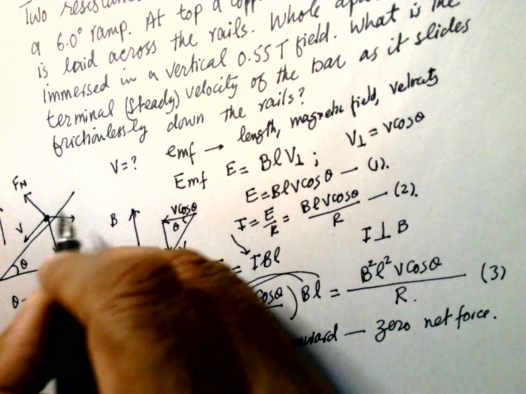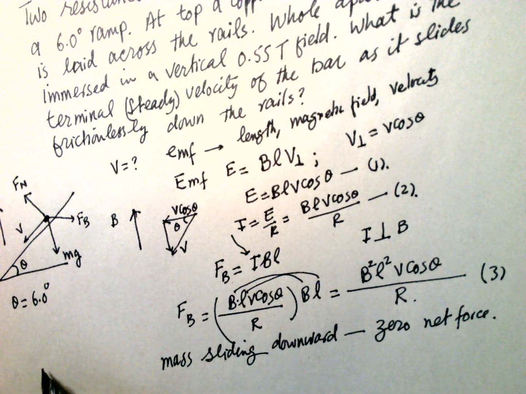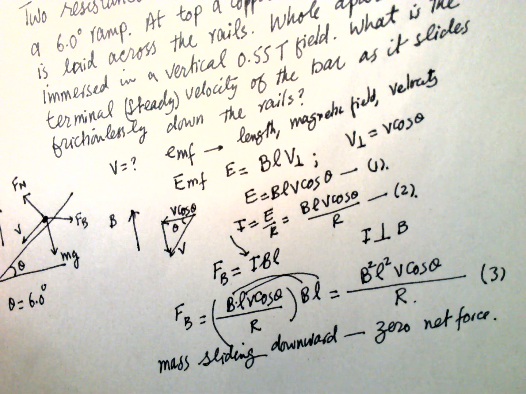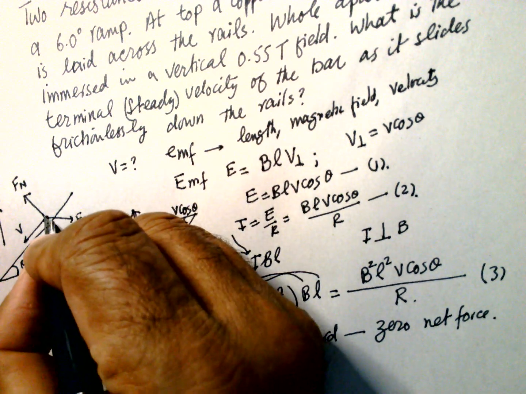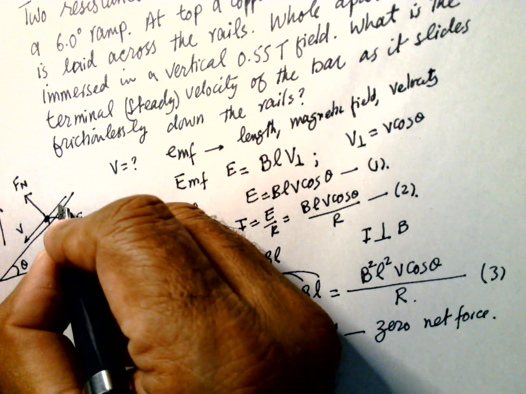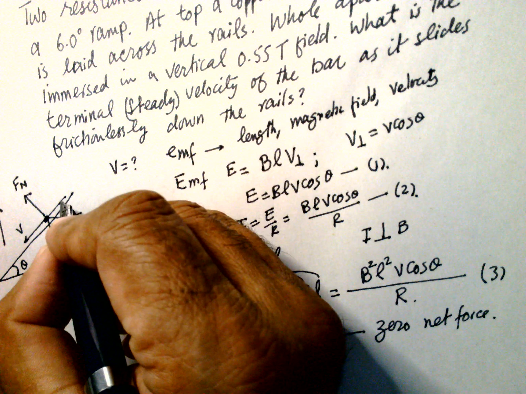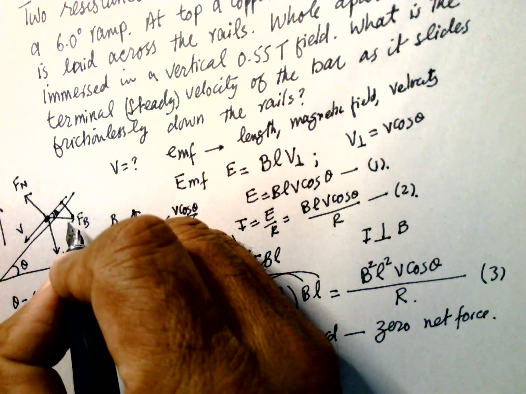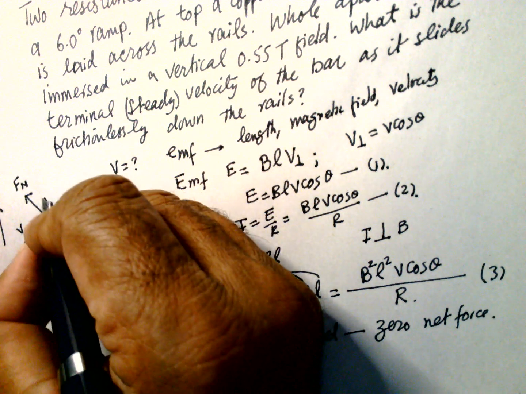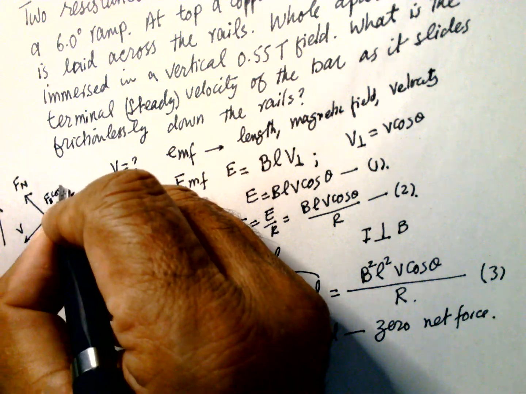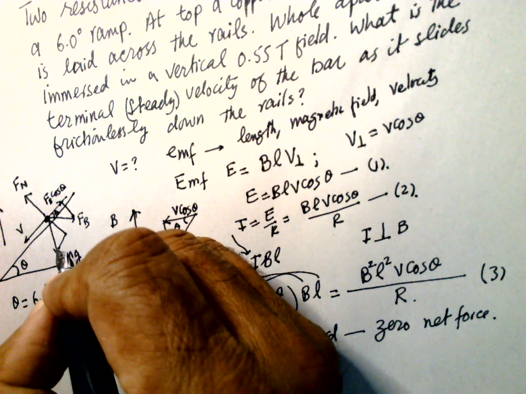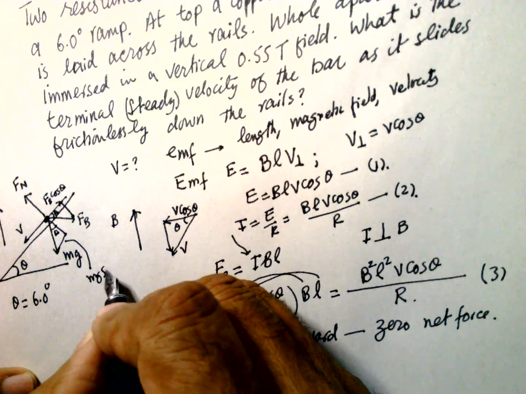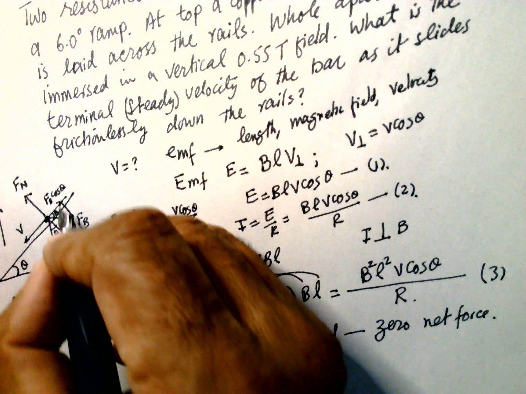So the forces are FB, this one is theta, this one is FB cos theta, and this one is mg sine theta. So this force and this force.